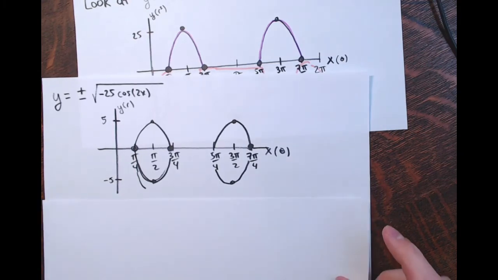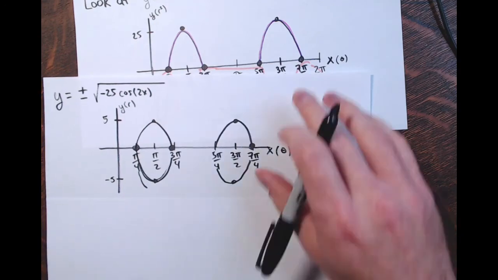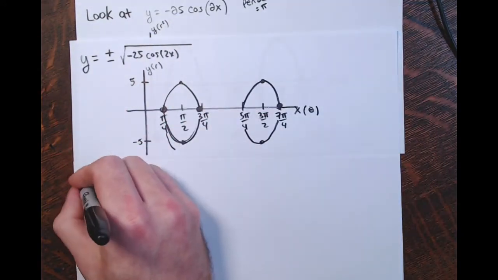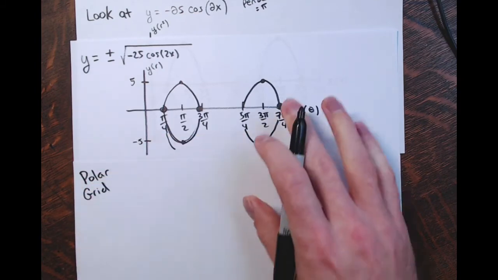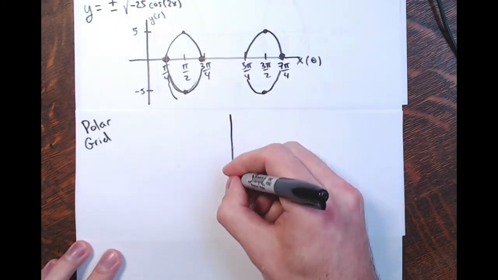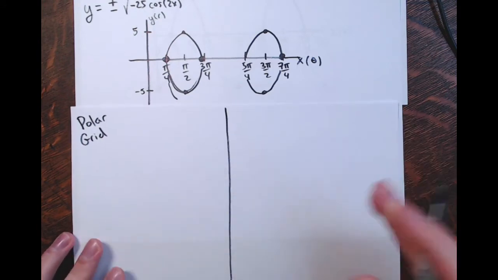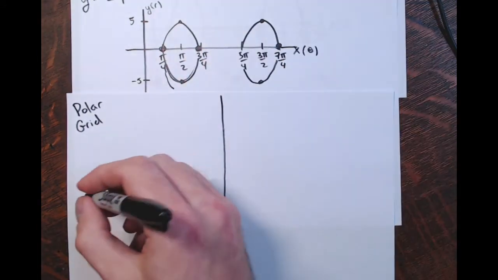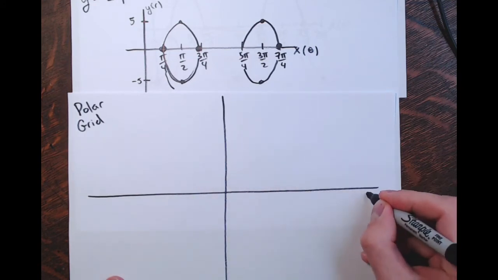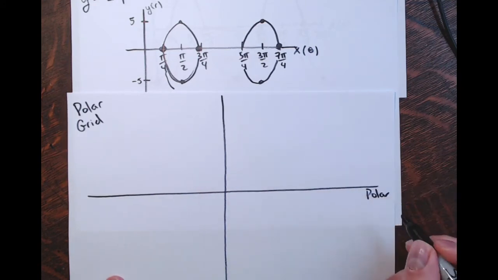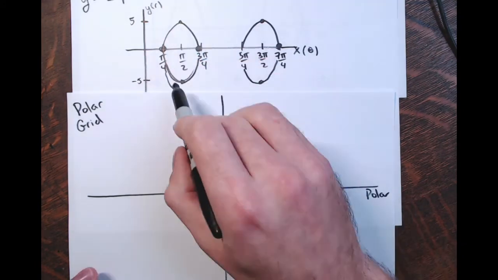All right. So now I'm going to go to a grid. We're going to make a polar grid. So remember how the polar grid looks. You got the vertical axis, which really doesn't mean anything, just breaks things into quadrants. And the horizontal axis, our polar axis. And again, for this graph here, the largest value of r is going to be 5.